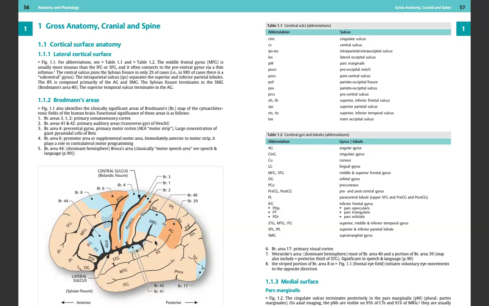Inferior to the parietal lobe, we have the temporal lobe here. And posterior to both the parietal and temporal lobe, we have the occipital lobe.